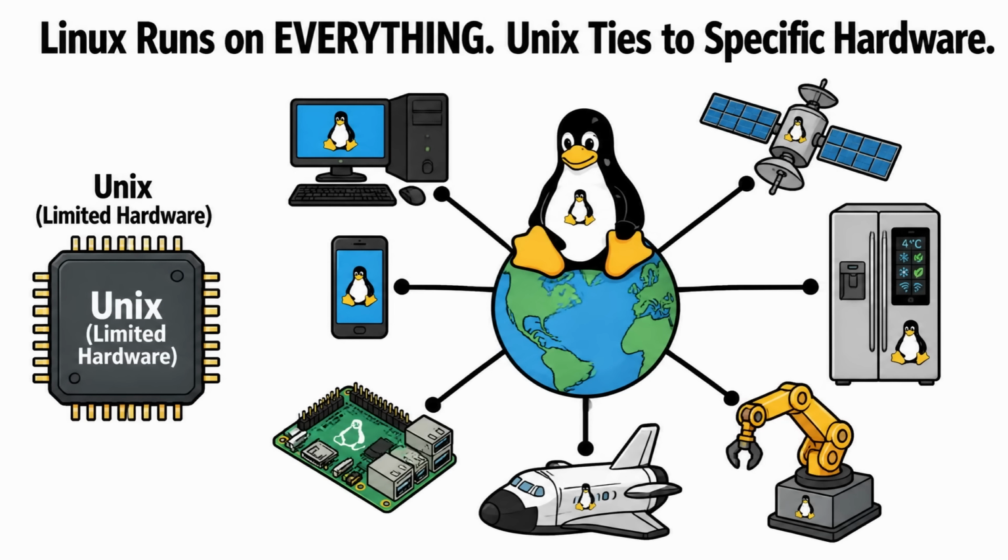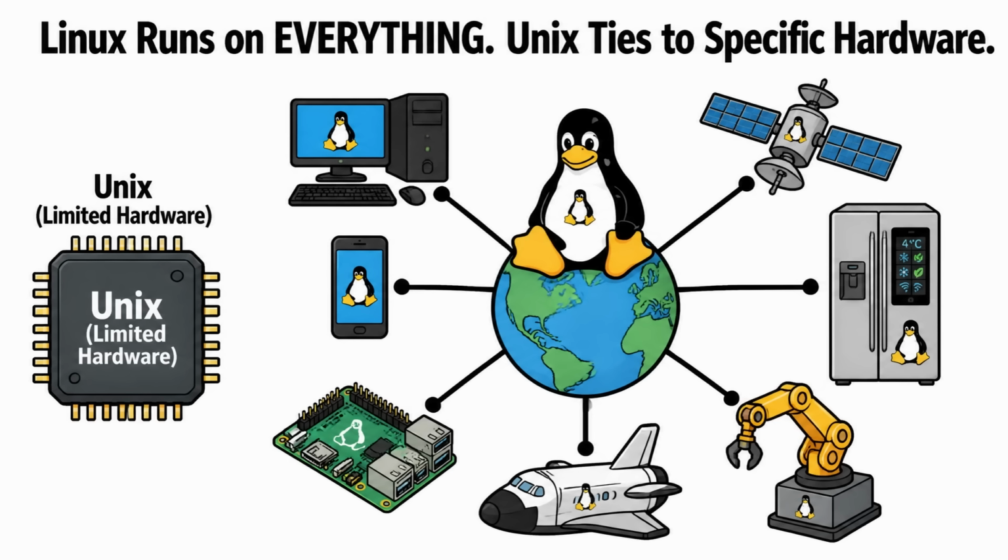Let's talk about portability, meaning what hardware can these systems run on. Unix was originally designed for specific hardware platforms. Solaris, for example, was built for SPARC processors. HP UX was tied to HP's Itanium hardware. Moving from one hardware vendor to another meant a painful migration.